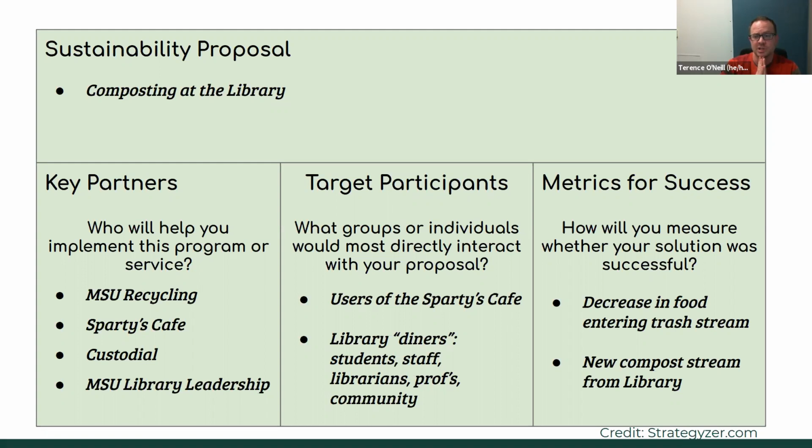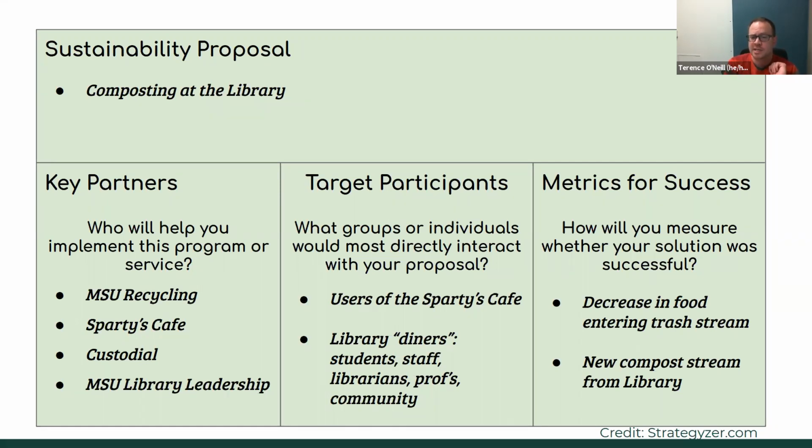And in this case, it was going to be people who are using Sparty's Cafe, but also library diners, so students, staff, the people that were going to be eating and choosing what to do with their food waste, with their apple cores. And for metrics for success, this project worked out really well here because we knew we could get this data.